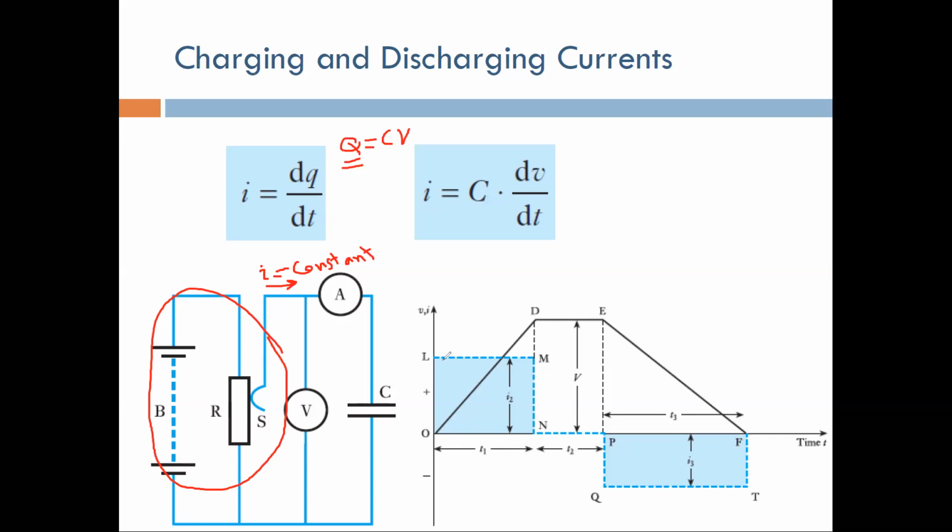So if you have a constant current, then dV by dt is equal to a constant, meaning that the voltage, since its derivative is positive, will change linearly like this, and the slope is dV by dt, which is equal to I over C.